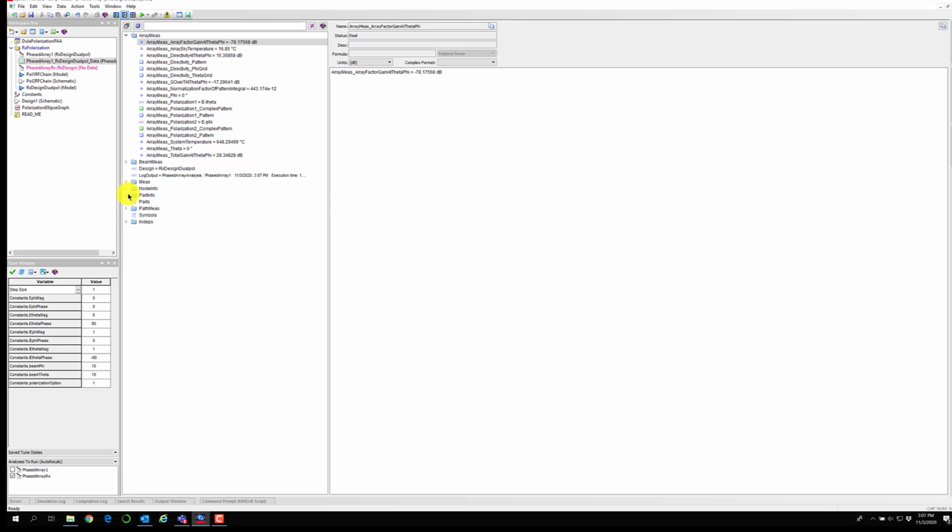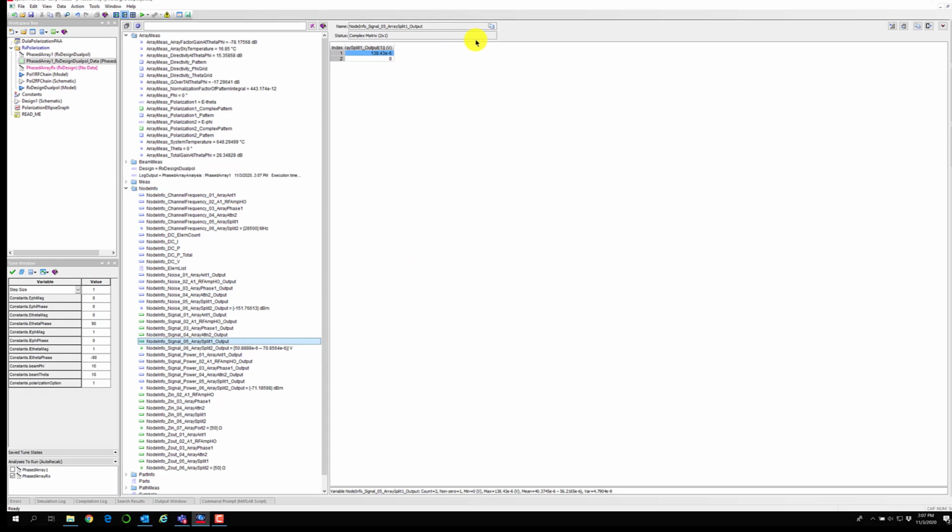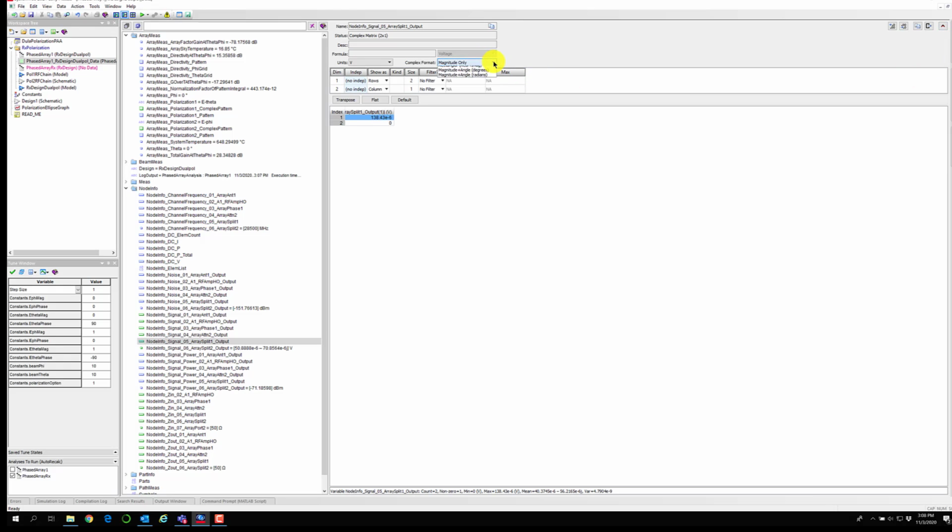The way to examine that is to look at the node information signal at the array split 1. As you can see, this is a voltage, and it's a complex voltage. We produced only E theta voltage. E phi antennas did not produce any output.